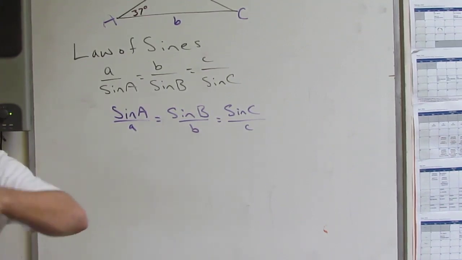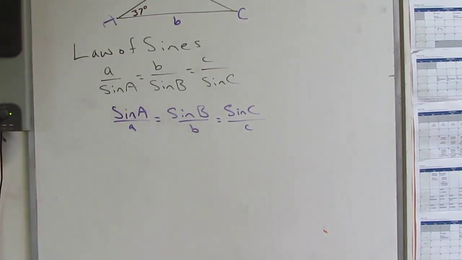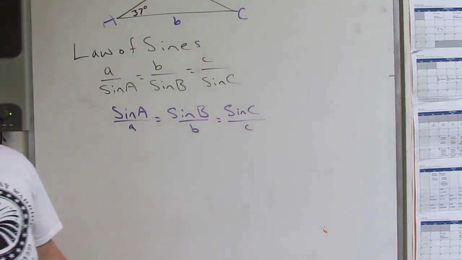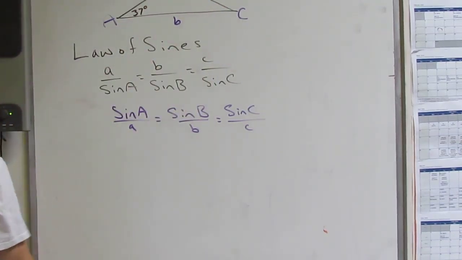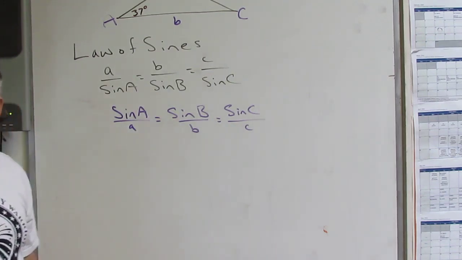But we have to have the angle and a side opposite of that angle to be able to use the law of sines. Okay? That's key. You have to have an angle and the side across from it to do law of sines. And if you have that, then you can use the law of sines.